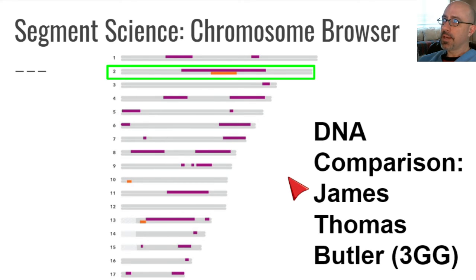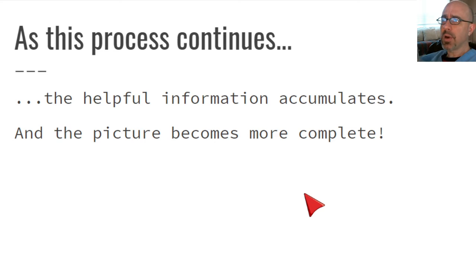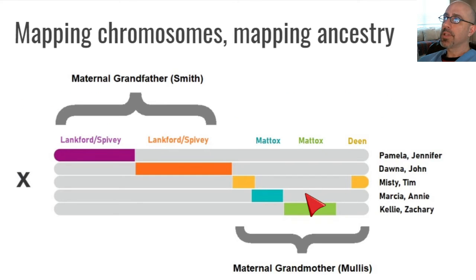That is the kind of thing that we expect when we find DNA that triangulates with first cousins. So hopefully this is a pretty clear example. And as you do this over and over, the information can accumulate, the picture becomes more clear. This information propels your research forward. The more you know, the easier it is to learn even more, and it's a really nice process.